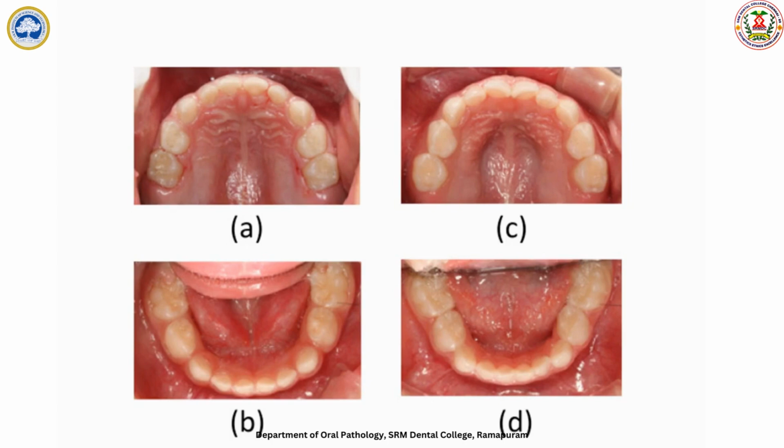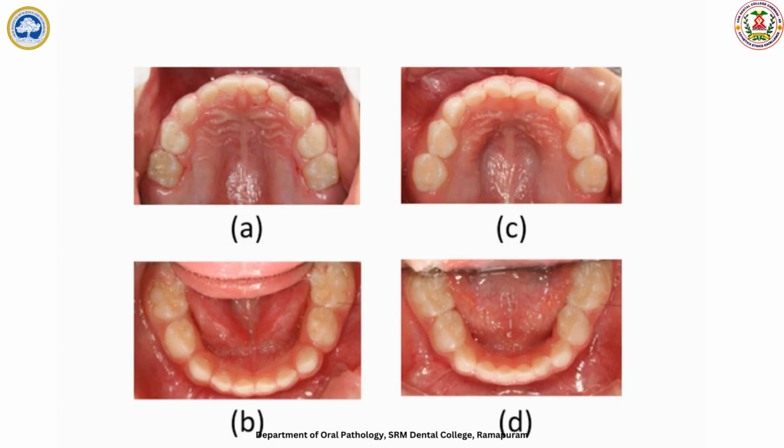Coming back to the size, the primary tooth will be smaller in size. The exception is your deciduous molars, which are larger when compared to their permanent counterparts, which are your premolars.